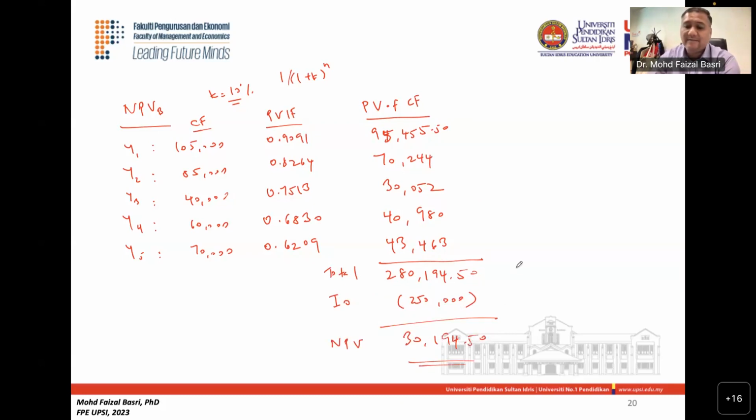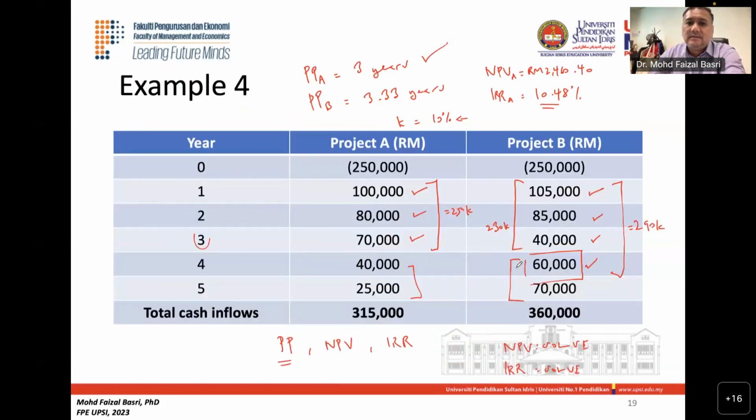If you don't have financial calculators, imagine this is the steps you need to do in order to get net present value. Okay, well, I double check with the financial calculators.